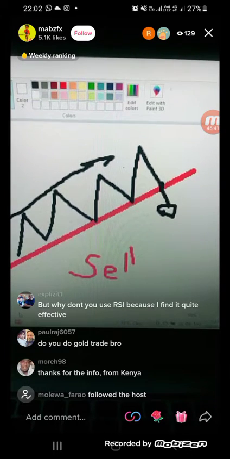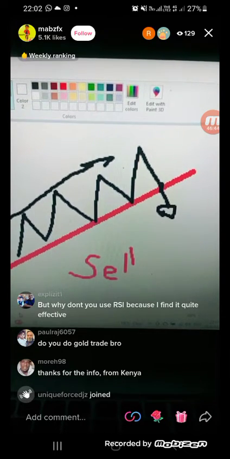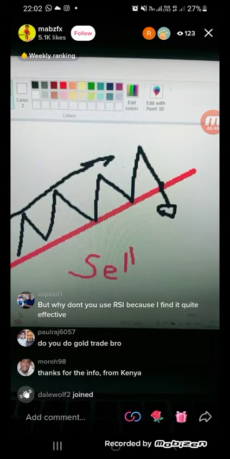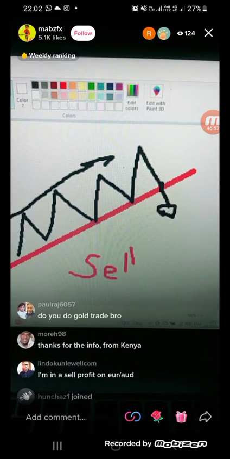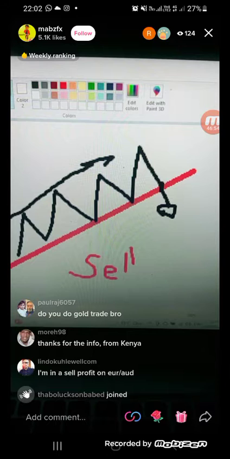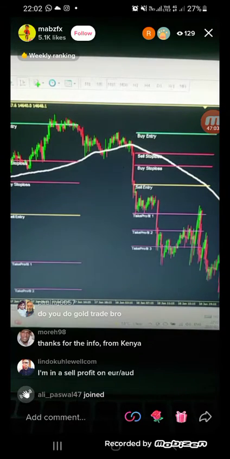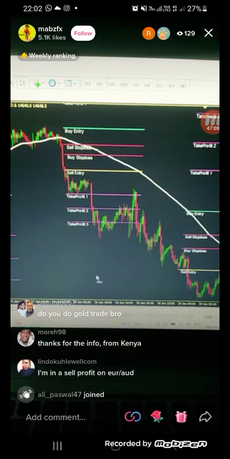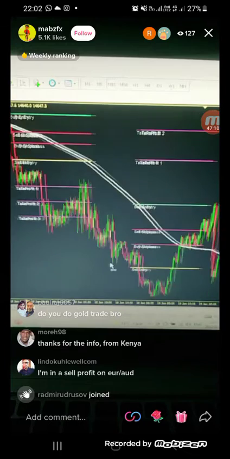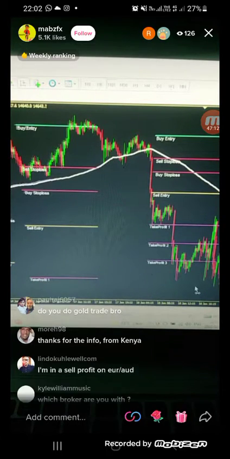How much time does it take to trade while you're in a full-time job? It just depends. For me, I literally look at the markets for a few minutes, and then I make a decision because I'm trading with the aid of my trading systems. I don't have to spend a lot of time trying to understand what's happening in the markets.